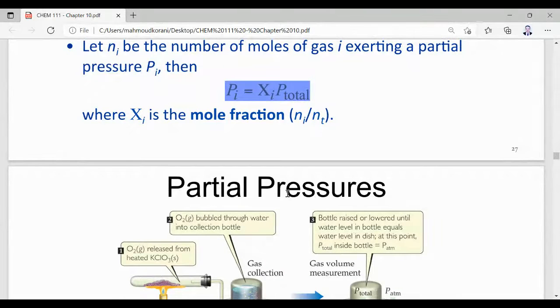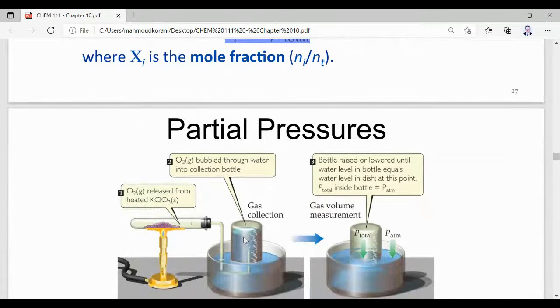study the application of Dalton's law, which is the collection of gases over water. Suppose you have a reaction mixture here, which is heated, and the reaction goes to the right-hand side to produce the products, and one of the products is a gas.